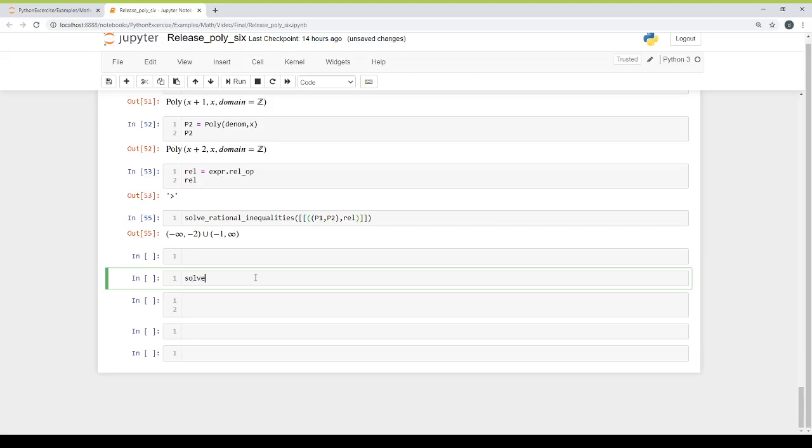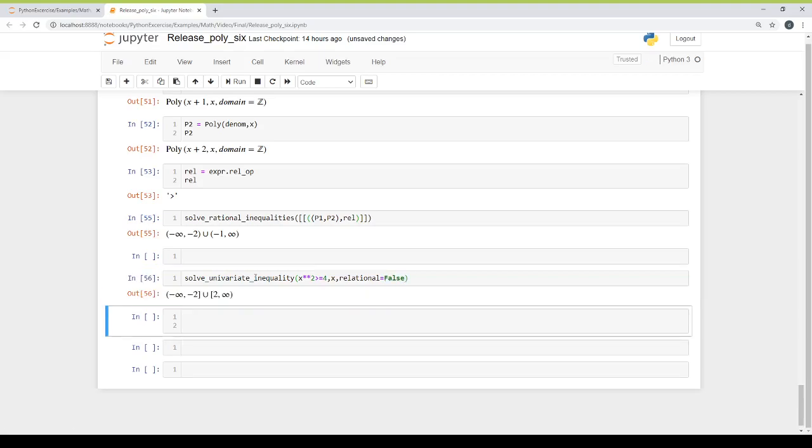For that we have solve_univariate_inequality, and x squared greater than or equal to 4 comma x comma relational is equal to false. Shift enter. It returns us the set which satisfies this expression.